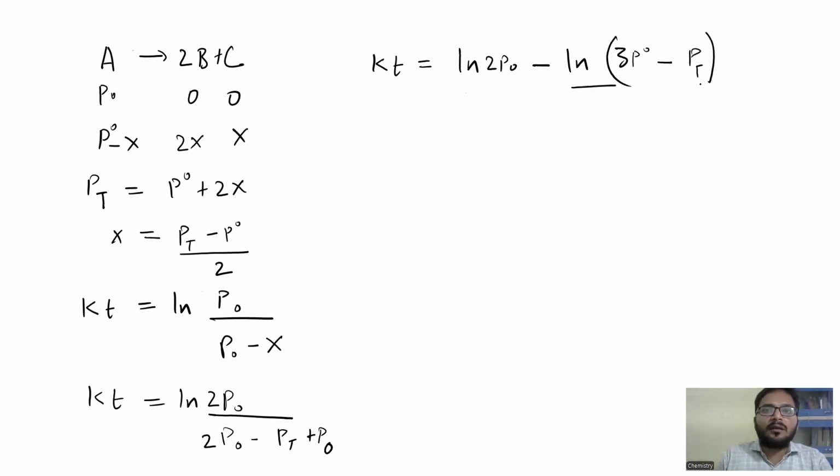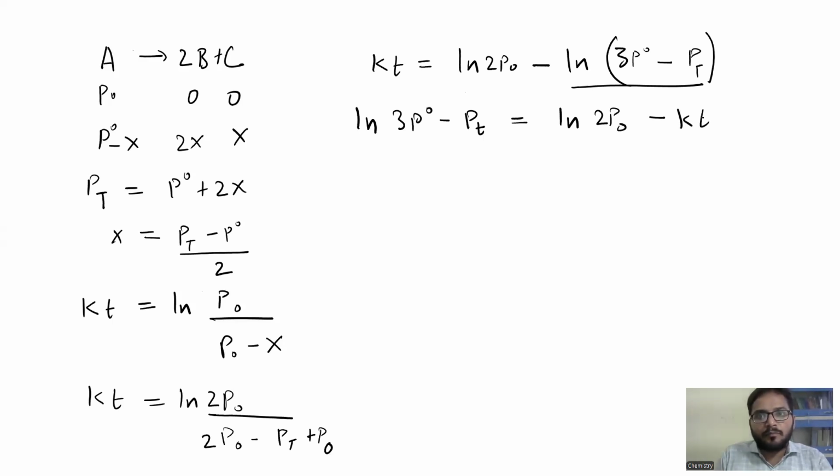And this is something which is written on the y-axis in one of the options: ln (3P naught minus P total) is equal to ln 2P naught minus Kt.